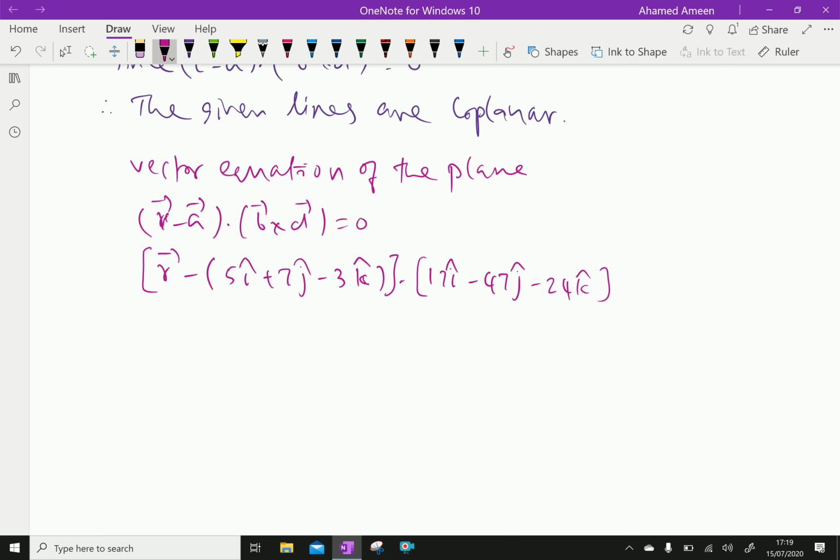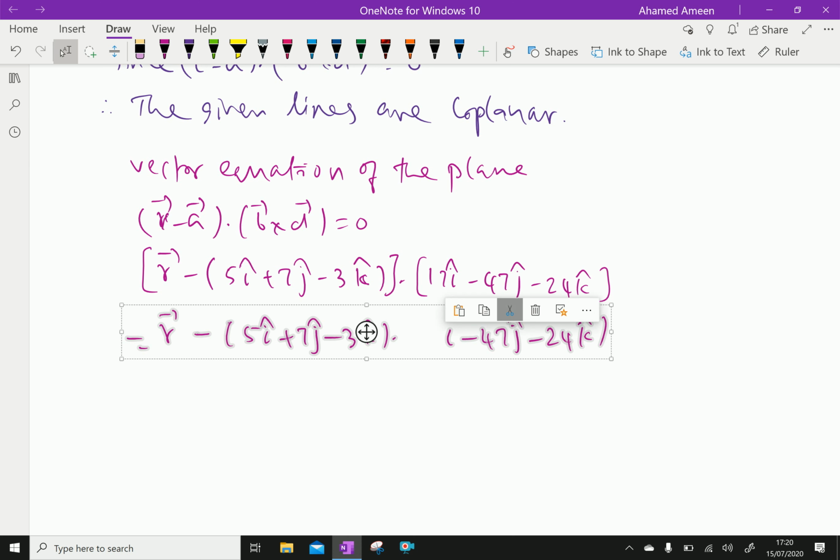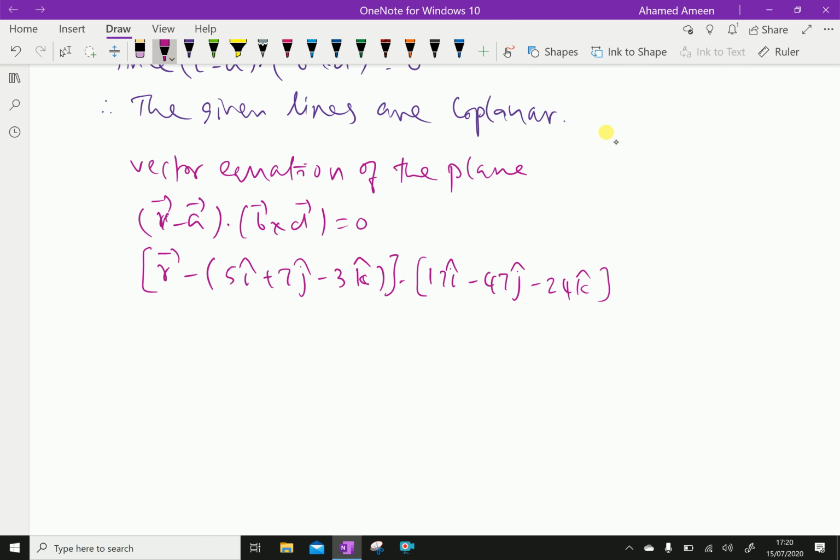Now let us find this. R vector minus (5i plus 7j minus 3k), dot product of 17i minus 47j minus 24k.